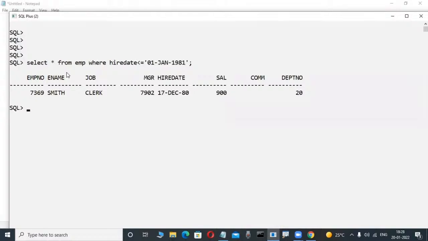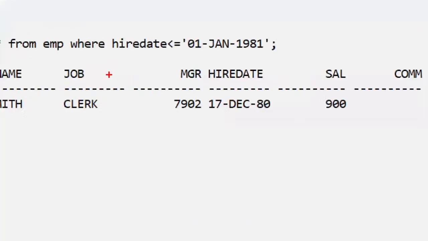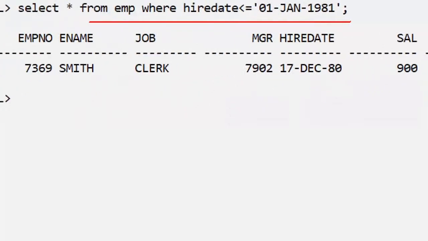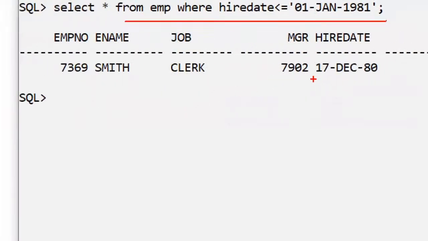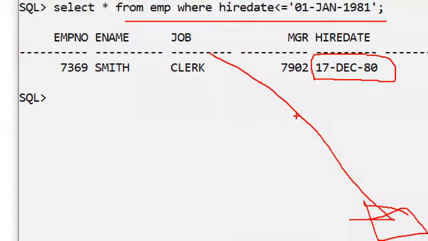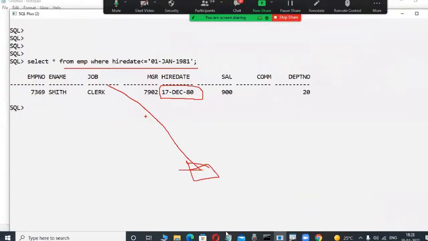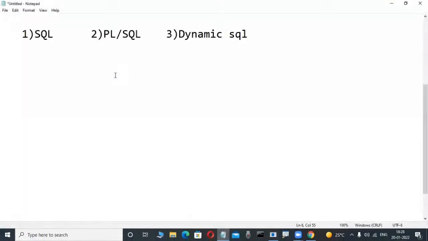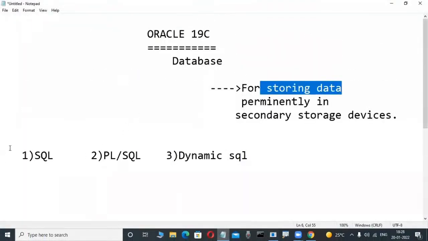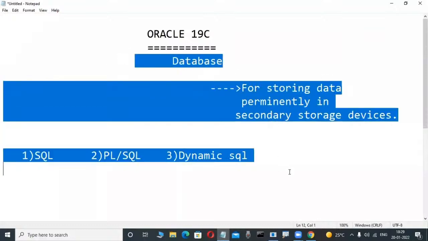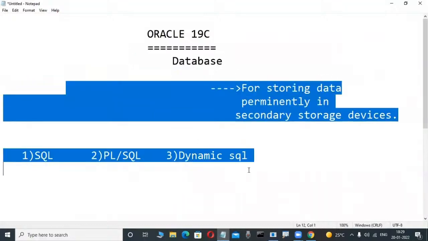Automatically the data is displayed. With a single line of code, the employees who joined before 1981 are retrieved from the database. That is why efficient data retrieval is so powerful, and it is possible through these databases and languages.